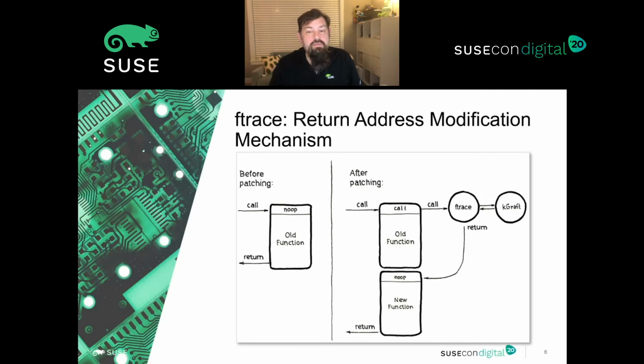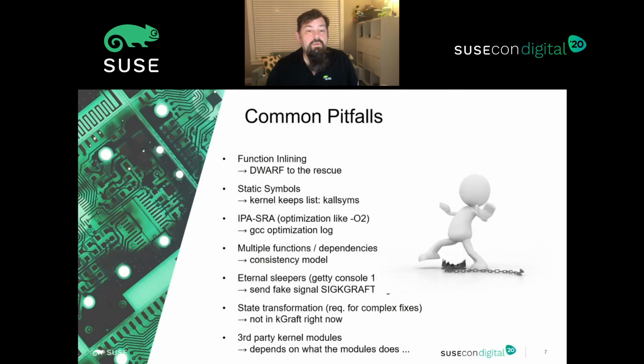In reality, there's a whole lot more to it than that, because we have things like function inlining, which is where a compiler may take a simple function and, instead of making calls back to the original, just goes out and copies it.